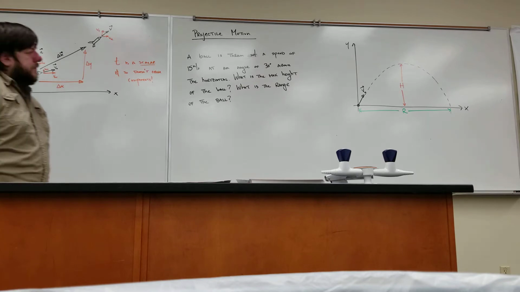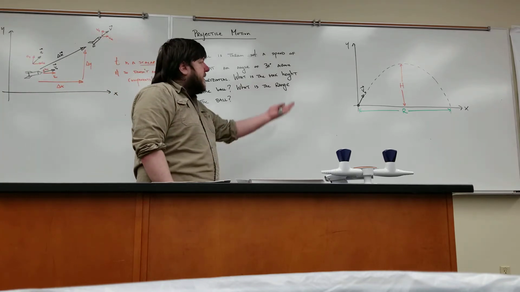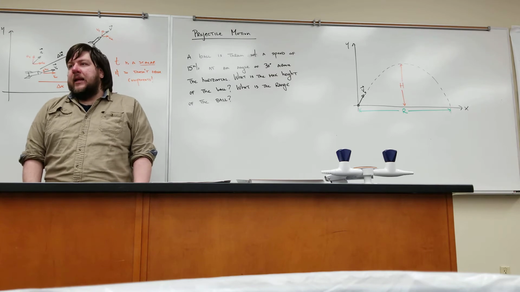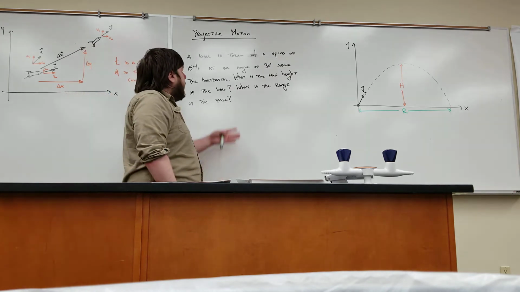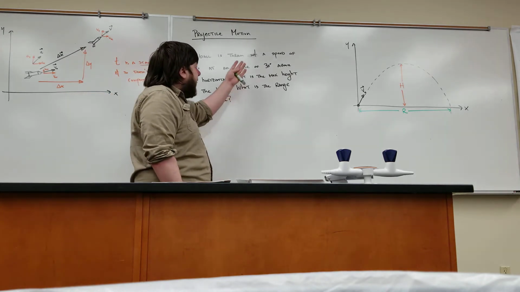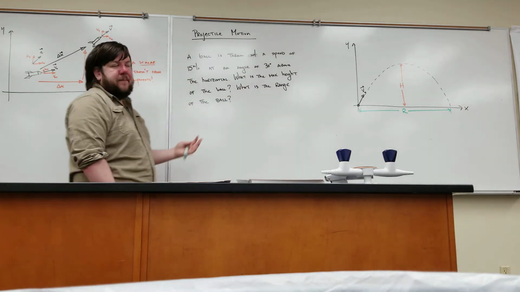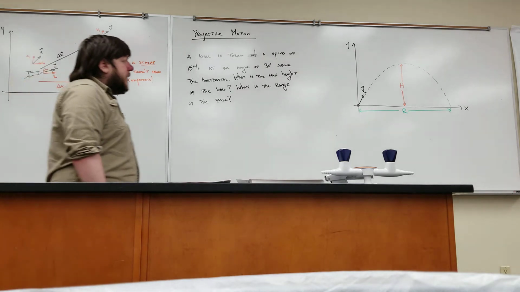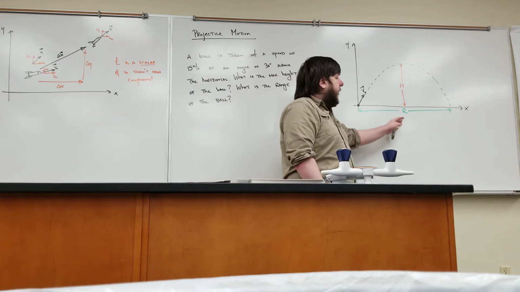H is the actual variable. That's typically what it's called, but it can be given any variable, right? The problem isn't going to say what is capital H. The problem's going to write it out. It's typically given as a capital H, and range is typically given as a capital R.